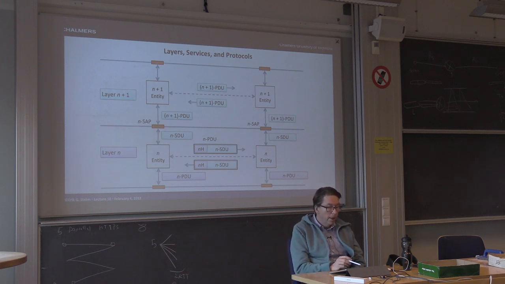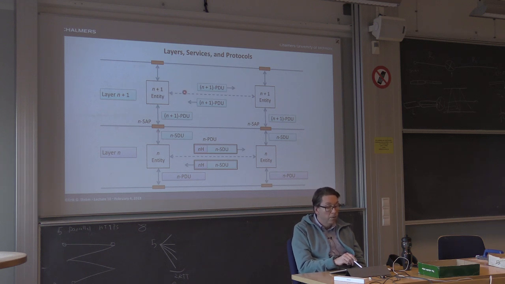Okay, so what we will talk about now a little bit is that this interface here between layer n plus 1 and layer n defines a service that layer n is providing to layer n plus 1. So there is some service that this layer provides to the layer above it, okay?